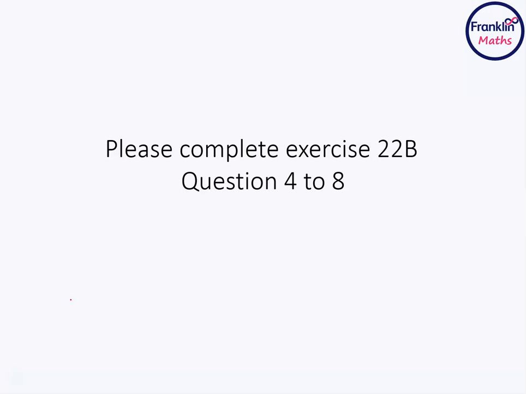Just pay close attention to all the little bits and pieces that I've mentioned. Good luck. I've only got one more example after this, and that's where I have to bring in the standard normal distribution, and after that it is finished. So pause the video, have a go at that section. It'll probably take you around half an hour to an hour. Mark, correct, etc. And then come back and watch the rest of the video.